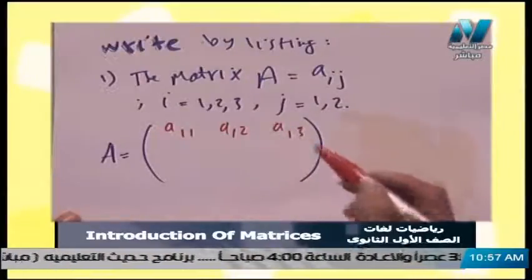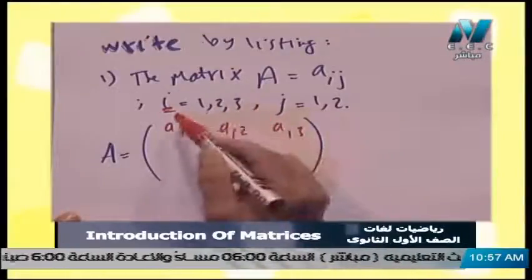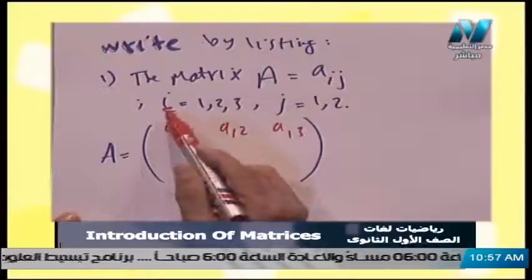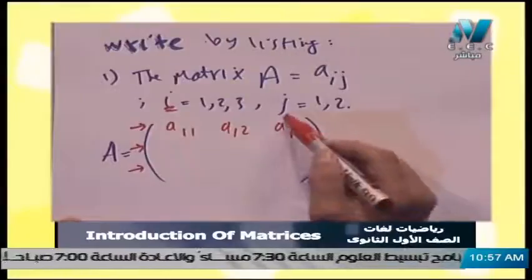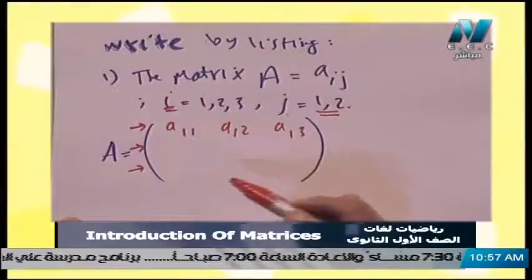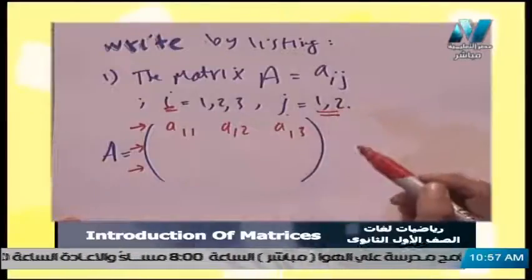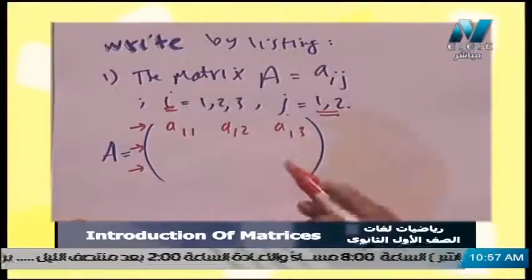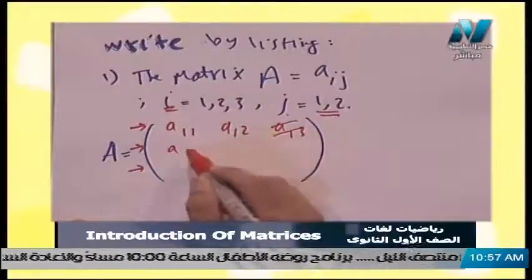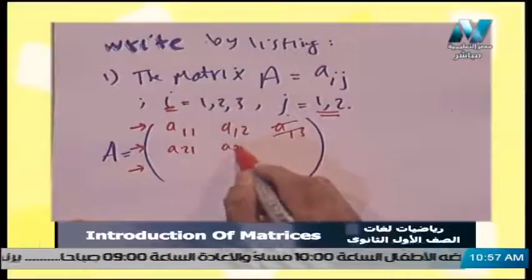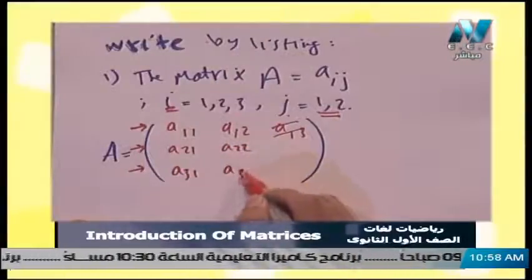Okay, and i equals 1, 2, 3. So i here is the number of rows, 1, 2, 3. j expresses the number of columns, so we will have 2 columns. So we will write A11, A12, A21, A22, A31, A32.